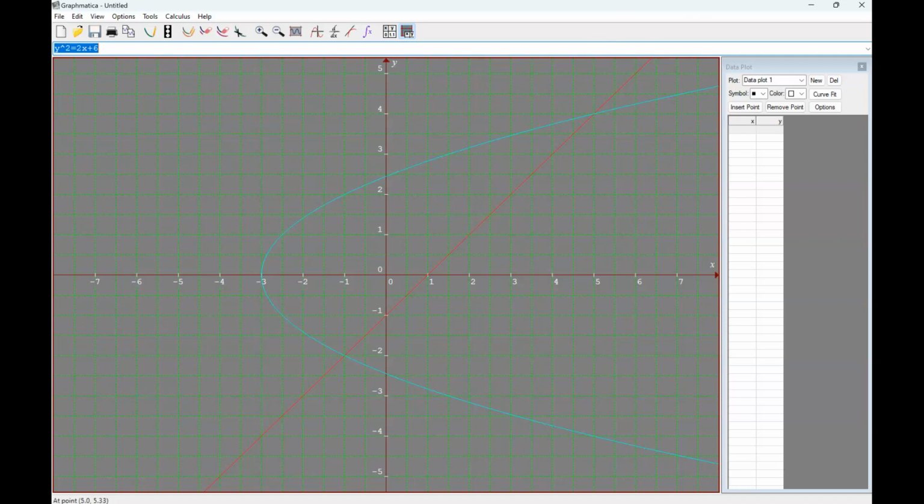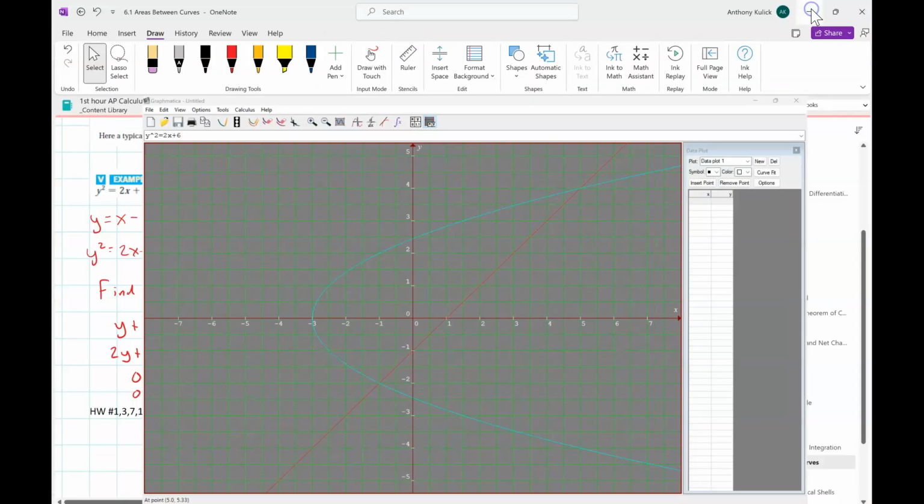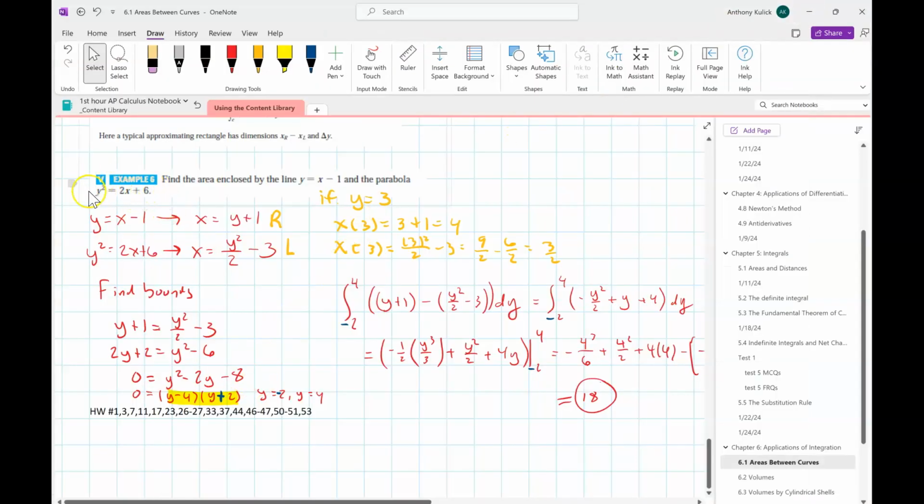So this one's still recoverable, but again, they would probably give you a picture to go along with this to give you the hint that you need to do this in terms of y instead of in terms of x. But your dead giveaway is that you have a function of y here, right?